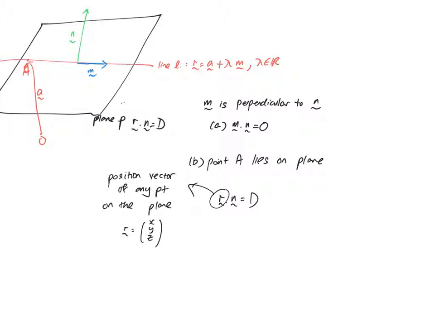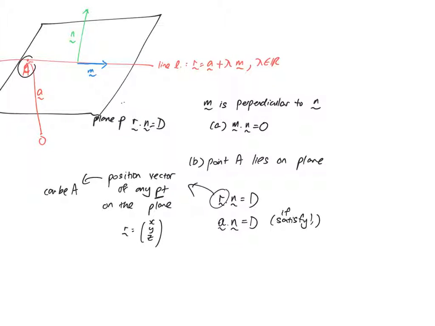So a is a point on the plane, which means the position vector of any point can be a. What I can check is if I substitute a in, a dot n equals d, and if it is satisfied, it means that the line lies on the plane.